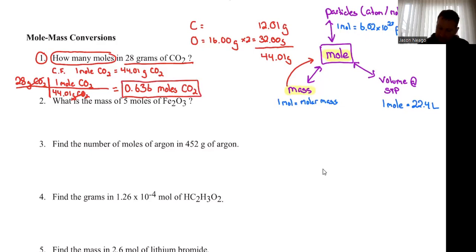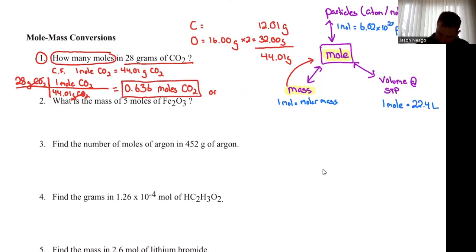And once again, I could do it using the other fraction method. That would look like this. Actually, let me delete this real quick and give us a little more room.